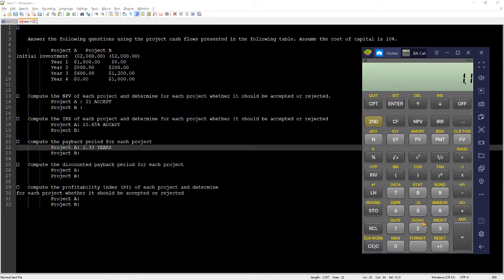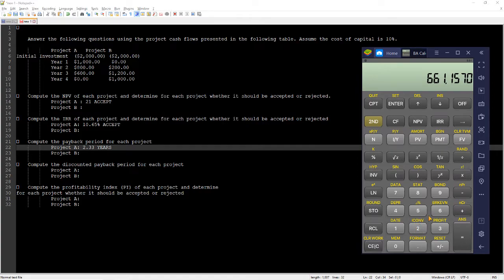You'll see why that matters for the next year. The discounted year 1 cash flow is $909, and we'll store that in 1. Then we take the 800 and divide it by 1.1 to the second power. For every subsequent year, the power increases by 1. That's 661, and we'll store that in 2.